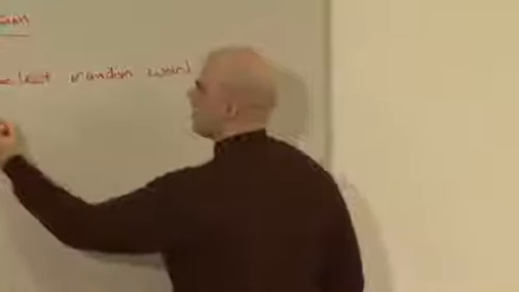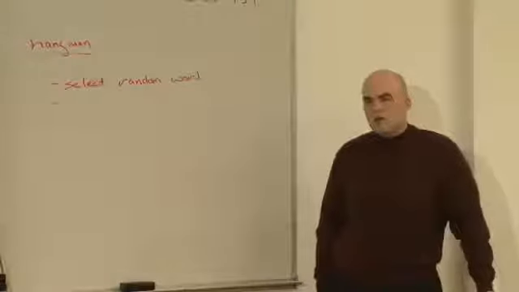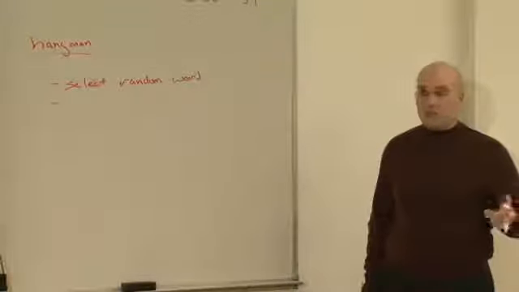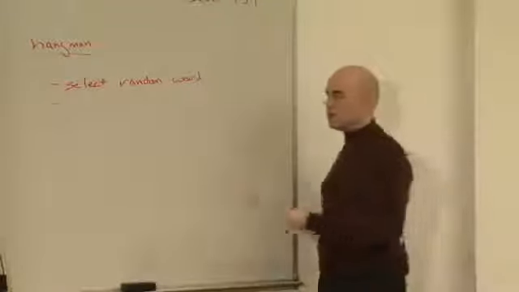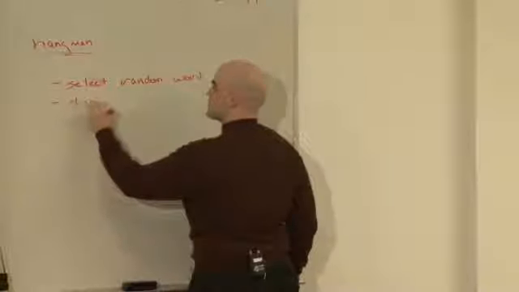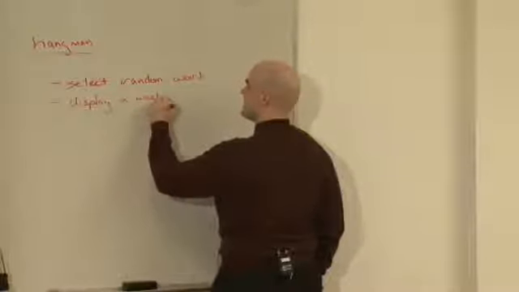Okay. Now, what would be another good step? Display the amount of letters, like the amount of spaces, maybe. So display a masked version of the word. Yeah, exactly. Hide the word but display it.